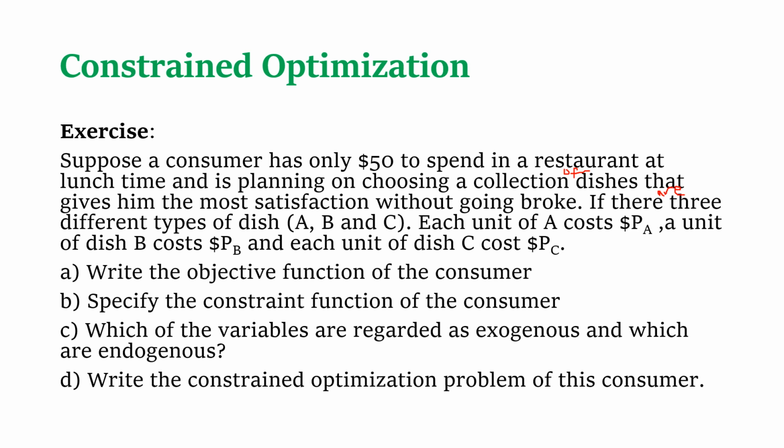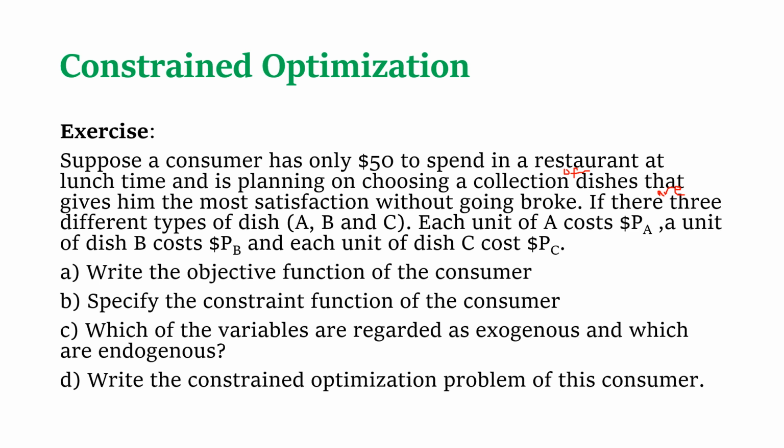Of course, we know endogenous variables are determined within the system we're analyzing, and exogenous variables are determined outside the system we're analyzing, right? So in this case, the prices are all given. The income is given. You already know it. So all exogenous variables are given.